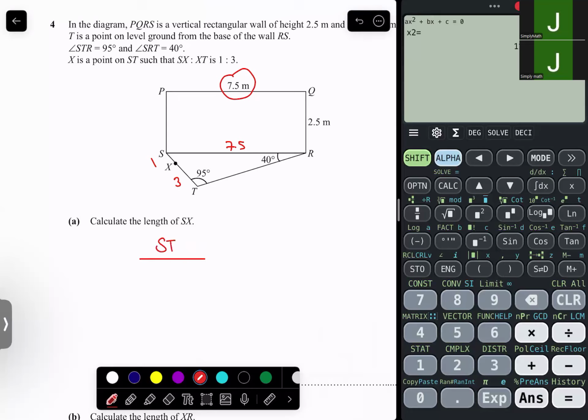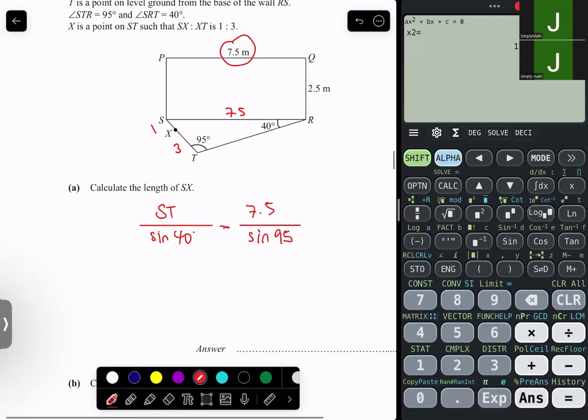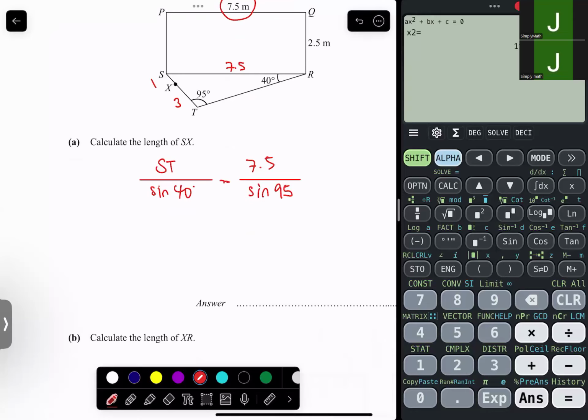ST corresponds to sine 40 equals 7.5 over sine 95. So ST, cross multiply, 7.5 sine 40 divided by sine 95.